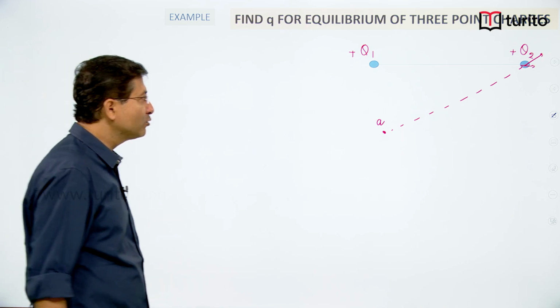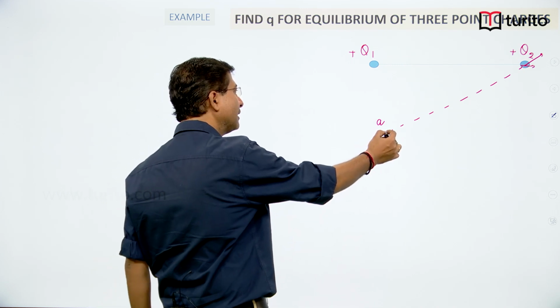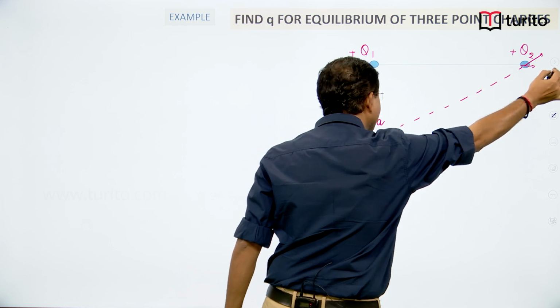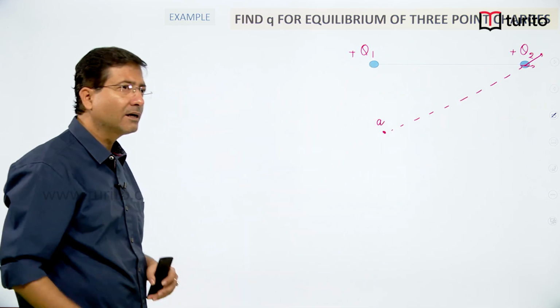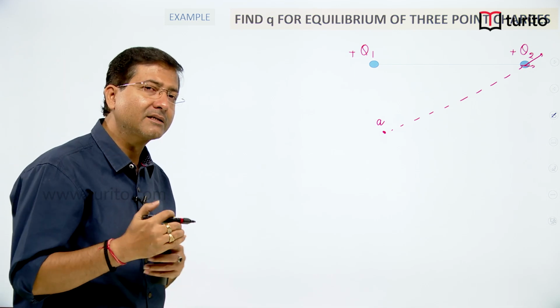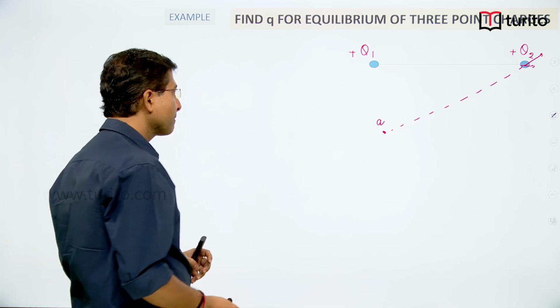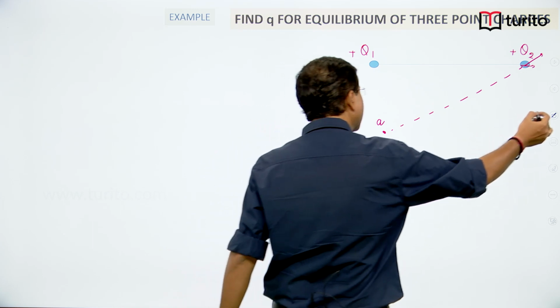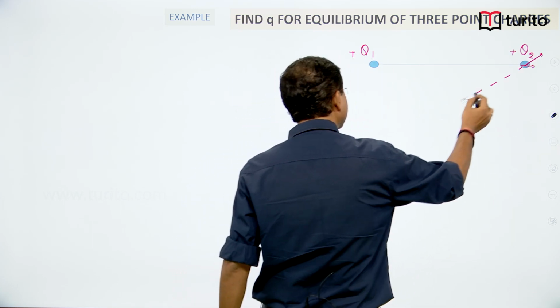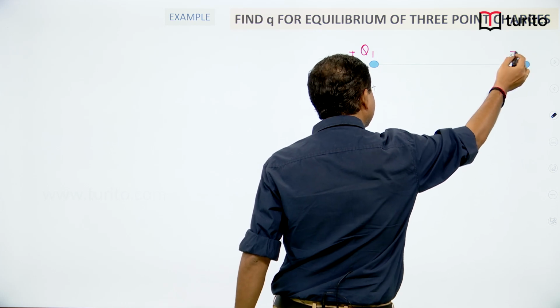So I need to place this particle on the line joining these two particles, then only the forces can come in opposite directions, and then only the resultant can be 0. So from this analysis at least we got an idea of where to place the particle, right.